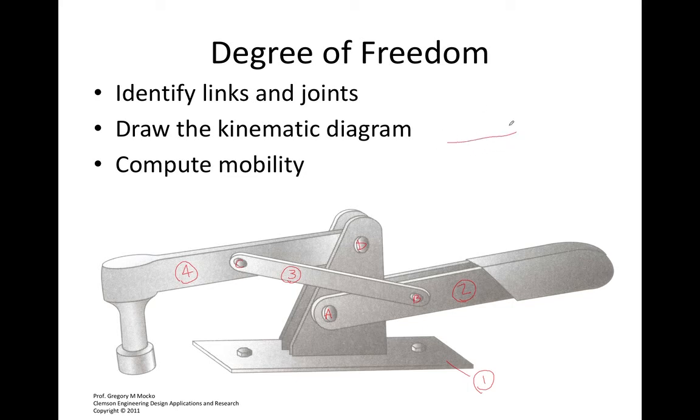I'm going to start with the handle. The handle comes down. There's A. And then I've got that's D. That's B, and that's C. And what I like to do is represent the ground similar to how you would represent it in ME201.